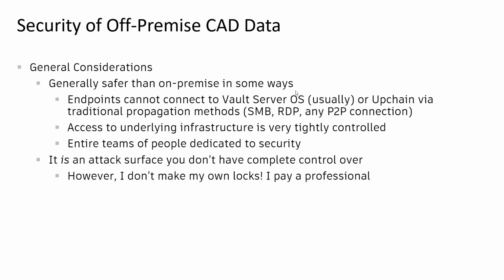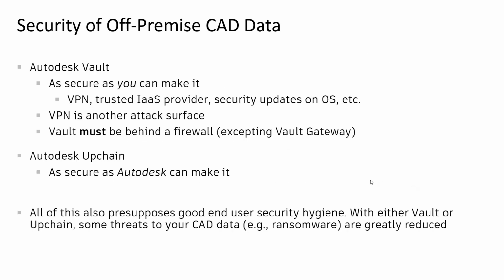So even though I don't control how that door lock works, I can put my trust in Kwikset and the locksmith who installed it that things are going to stay secure, right? So for the different solutions, specifically, let's say for Vault, security in the cloud is really about as secure as you can make it, right?